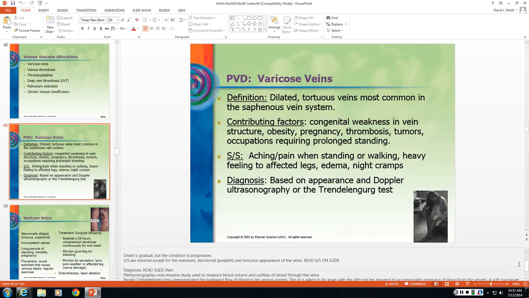Usually the onset is gradual, but the condition is progressive. Most of the signs and symptoms are going to be minimal, except the veins are going to be oversized, discolored, purplish, and tortuous in appearance.